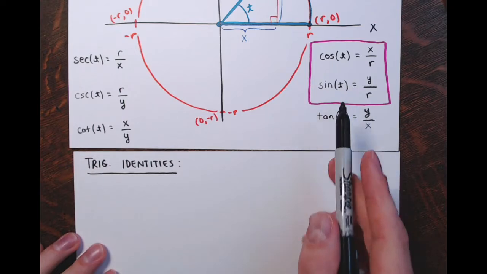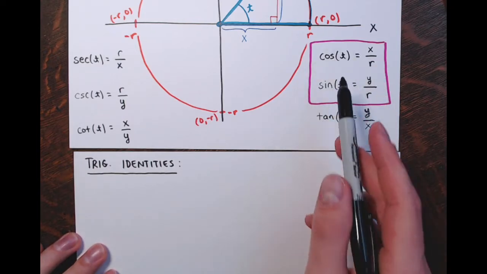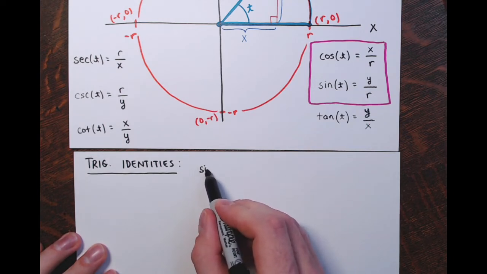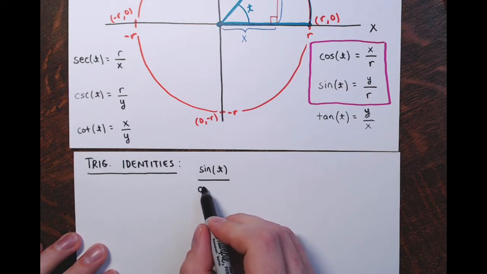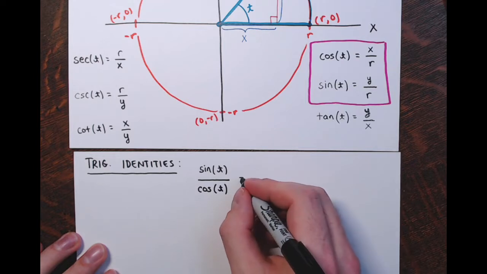So if you look here from this previous picture and the stuff in this box here, look at what happens if I were to take the sine of that angle t and divide it by the cosine of the angle t. Well, what would I get?